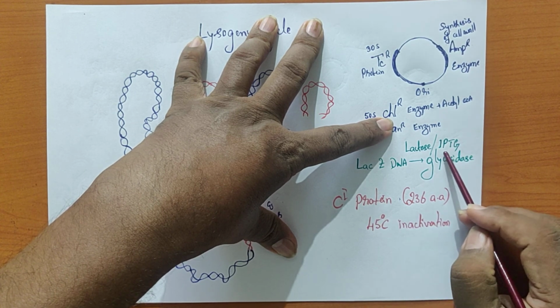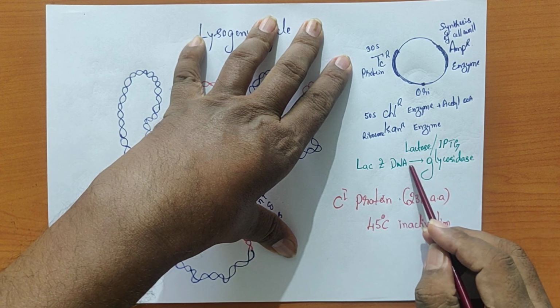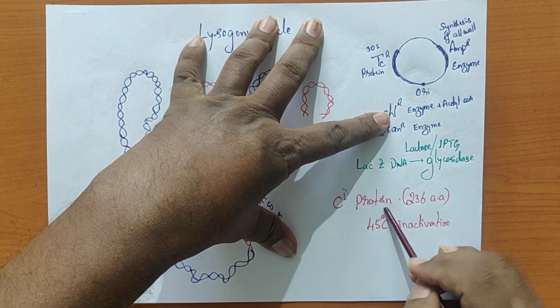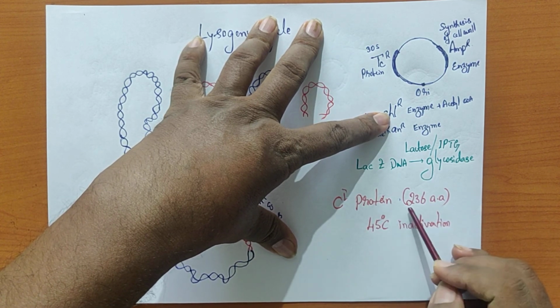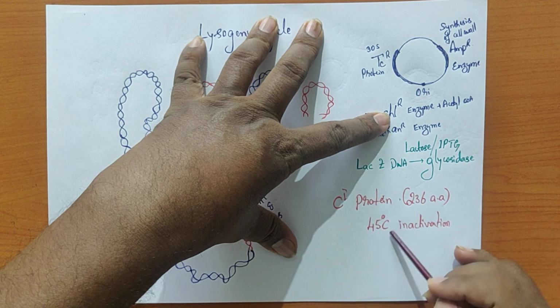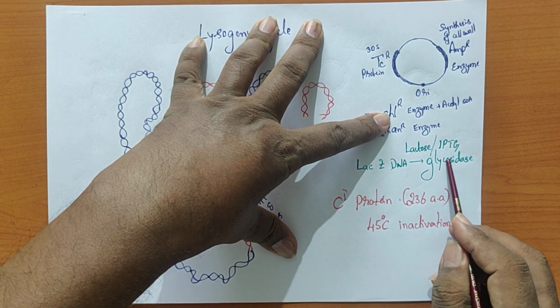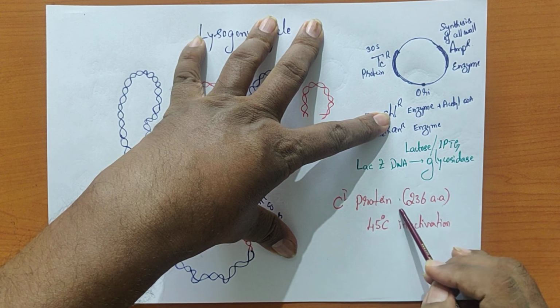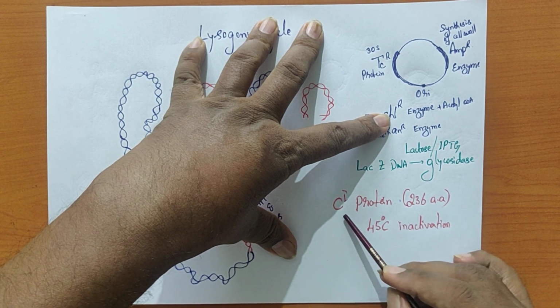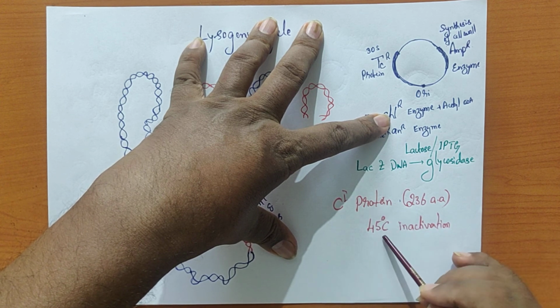But the advantage of the C1 repressor protein over lac Z DNA is that here the promoter is temperature sensitive. We don't have to add anything. All we have to do is change the temperature of the incubation medium. Here we have to add IPTG, but there we don't have to add anything. So the C1 repressor protein is easily under our control.